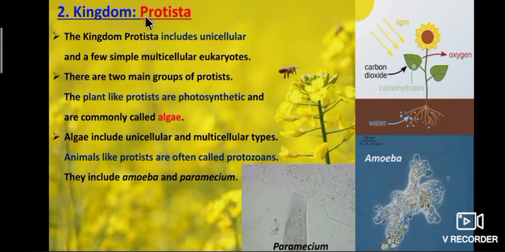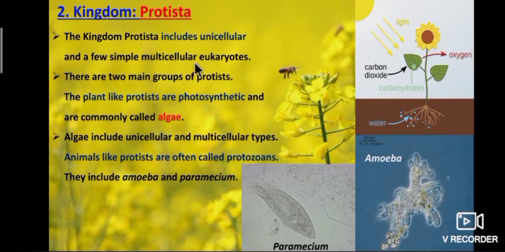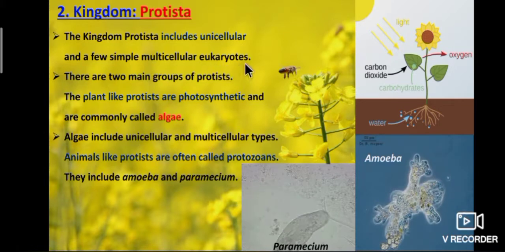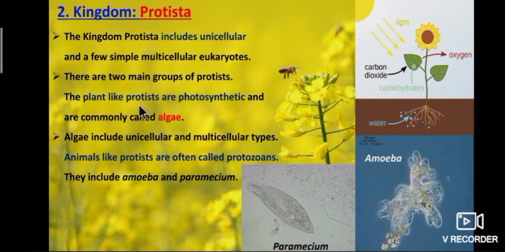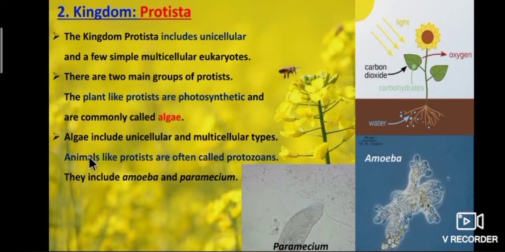Second kingdom is Protista. The kingdom Protista includes unicellular and a few simple multicellular eukaryotes. What is eukaryote? Contains number of cells. There are two main groups of protists. First one about plants, second one about animals.